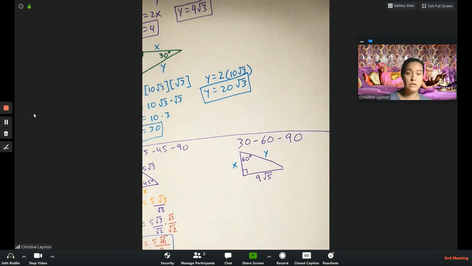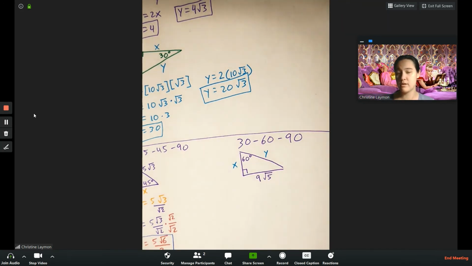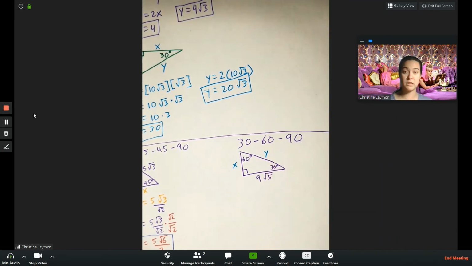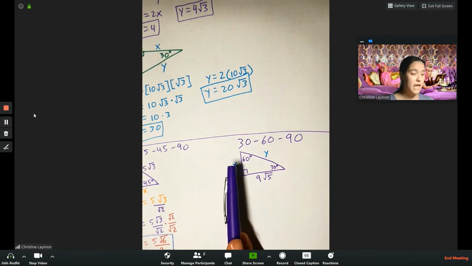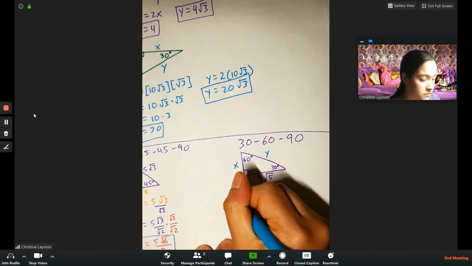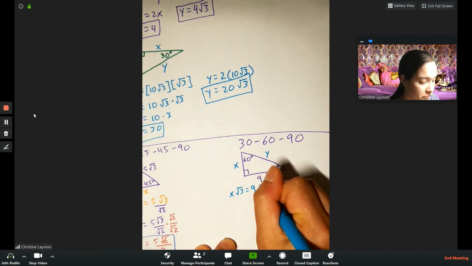Okay, so what we're going to do is say that x, which is our shortest side, remember that we automatically know that this here is our 30 degrees, because 30 plus 60 plus 90 gets us 180. So we're going to say x root 3 equals 9 root 5.